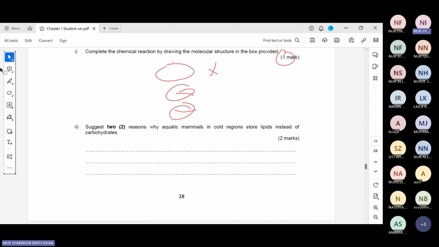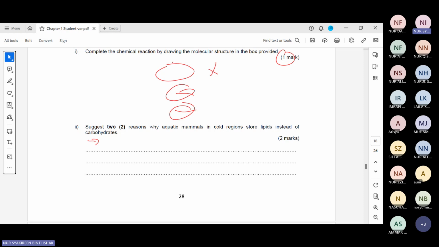So they are full of fats kan. So fat, kenapa? Fat is less dense than water. First point, okay. Fat is less dense than water. Ataupun for the same point, carbohydrate is denser than water. Carbohydrate ni dia lebih berat berbanding air molekul dia. Tapi lipid dia lebih ringan, okay, less dense.